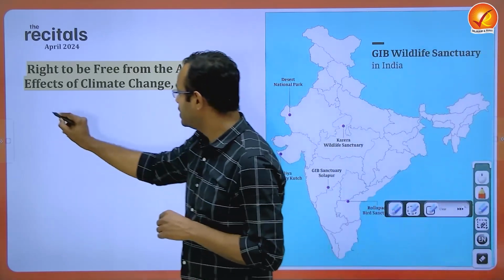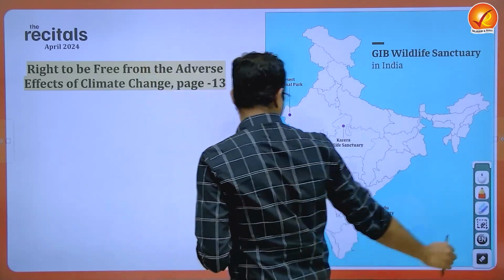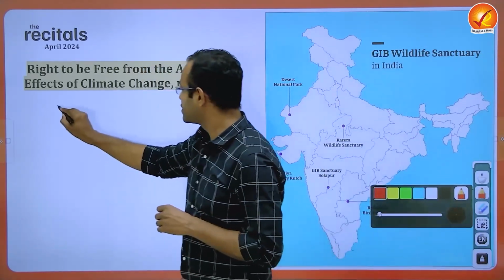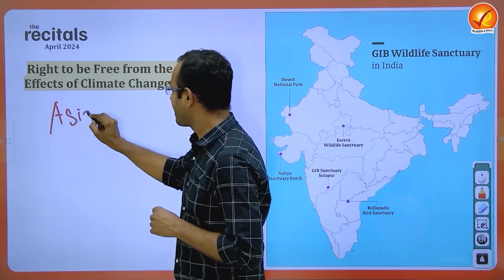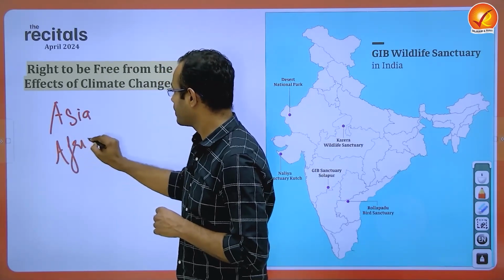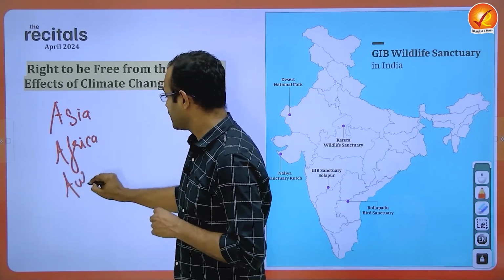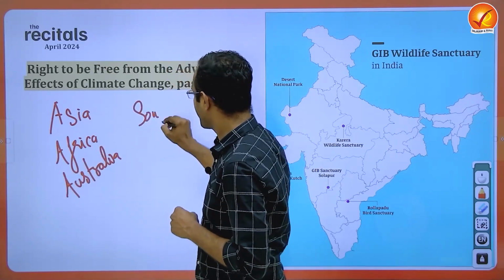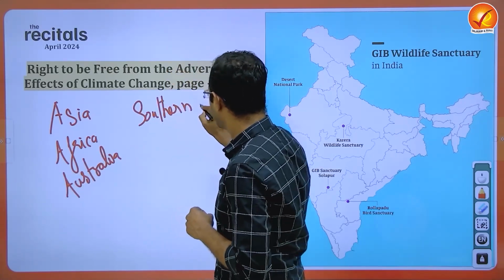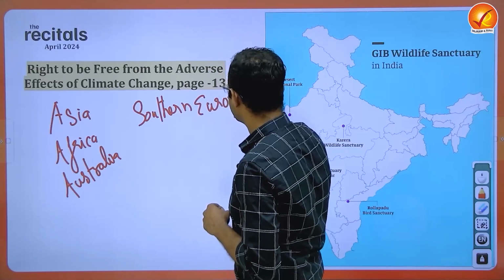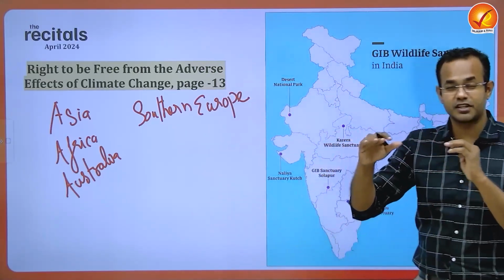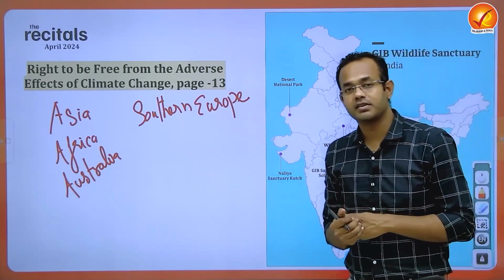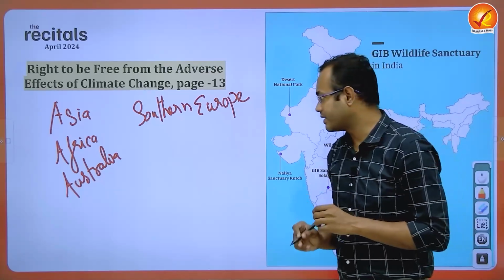With respect to the world, they are present in Asia, Africa, Australia, and Southern Europe. So they are present in 4 continents. They are not present in North America, South America and Antarctica.